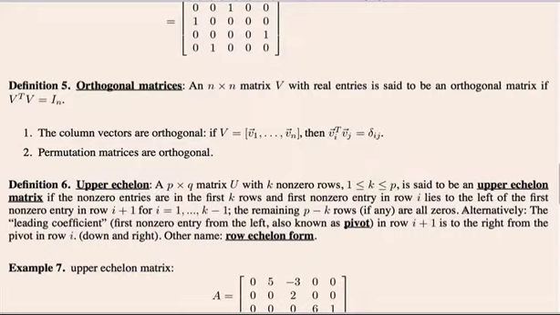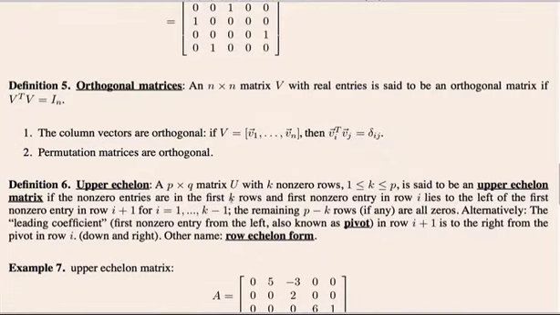There's an alternative definition of this, and you might be more familiar with it, maybe from an undergraduate linear algebra class. It says first non-zero entry. This is sometimes called the leading coefficient, the first non-zero entry from the left, and this is also known as the pivot entry in the matrix.